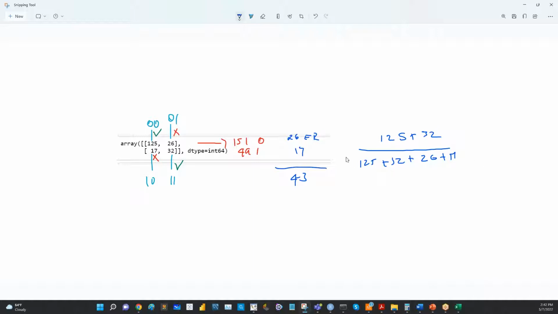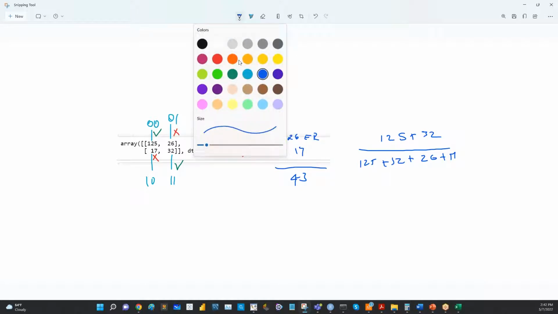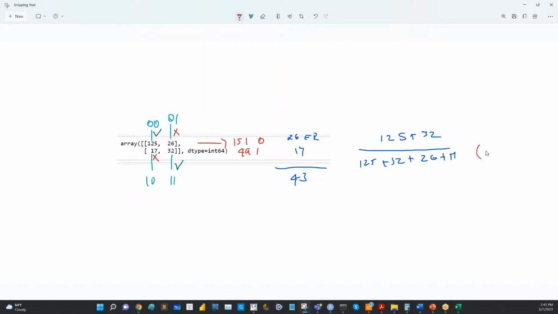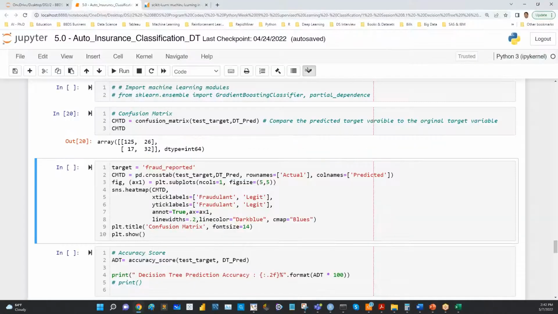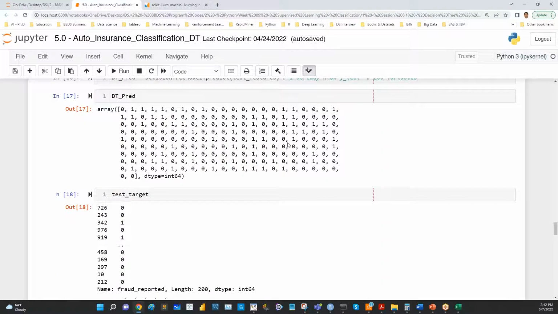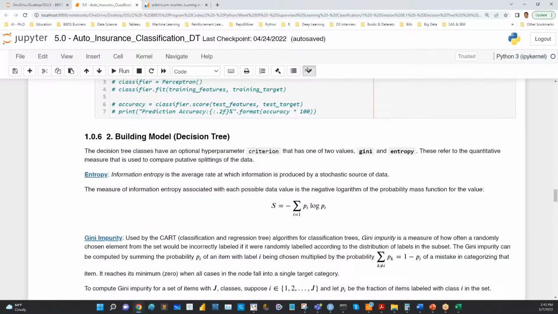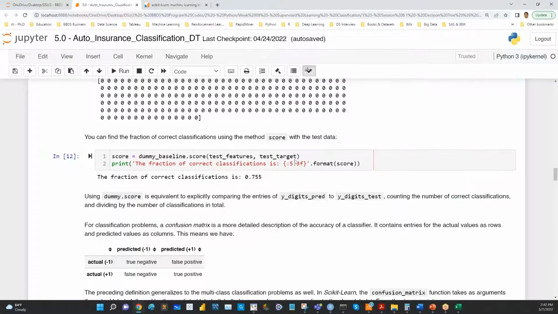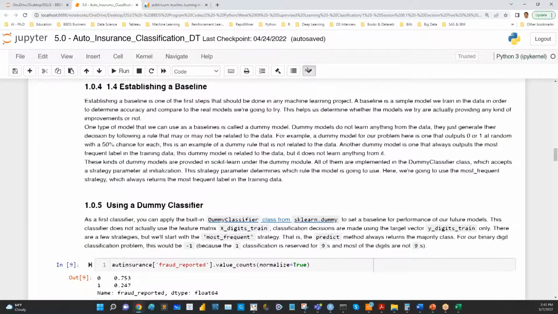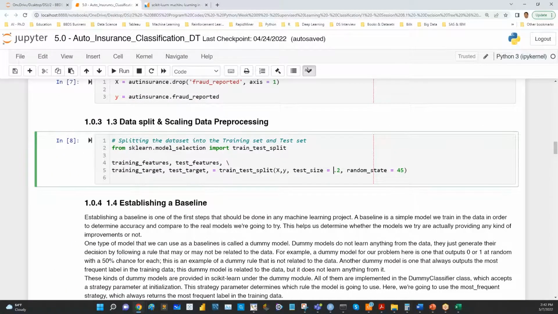Yes, I know, but I just want to give it in detail and help you understand where the 200 comes from. The 200 is the 20%. When we split the data, 20% of 1,000.